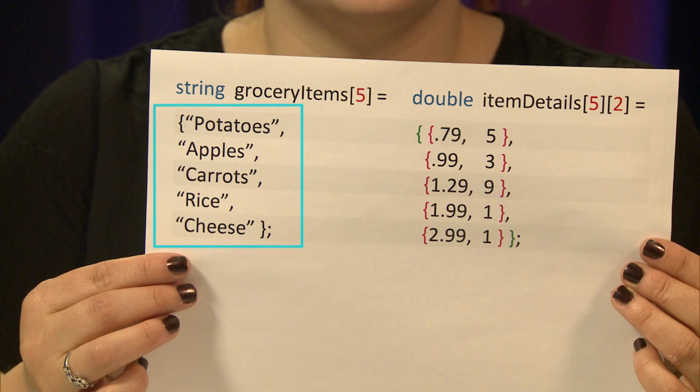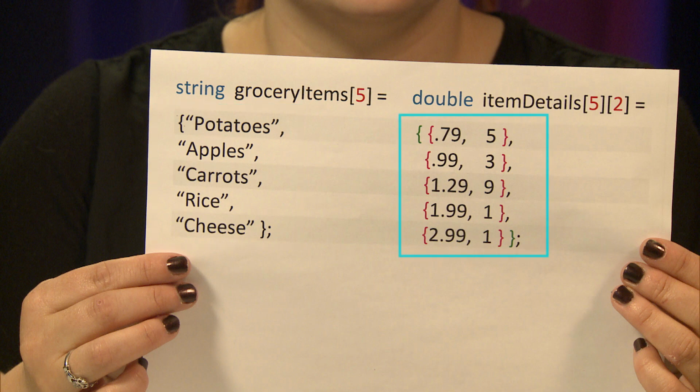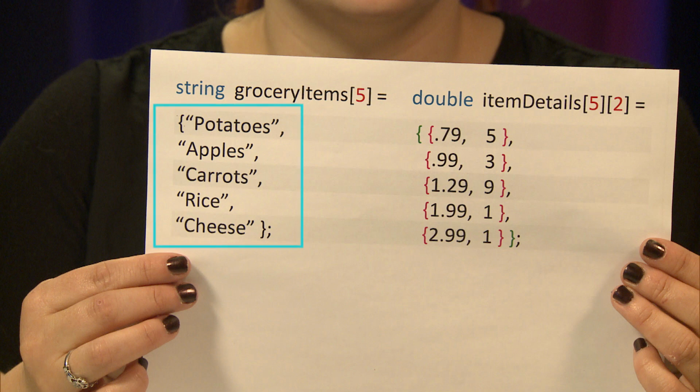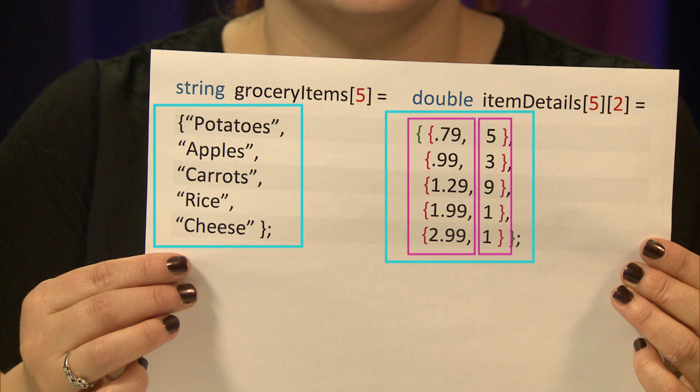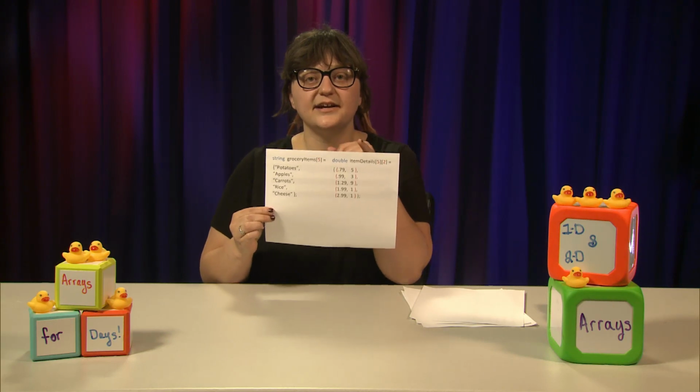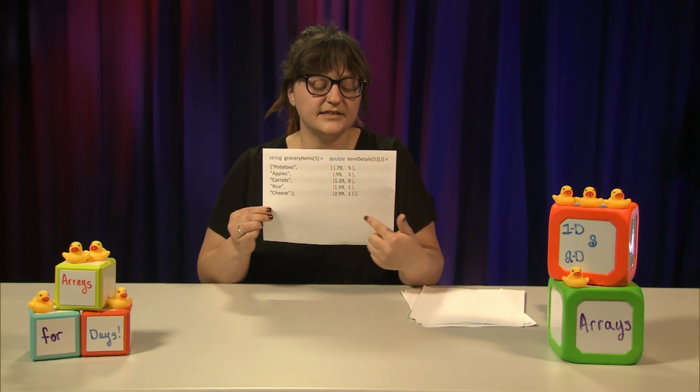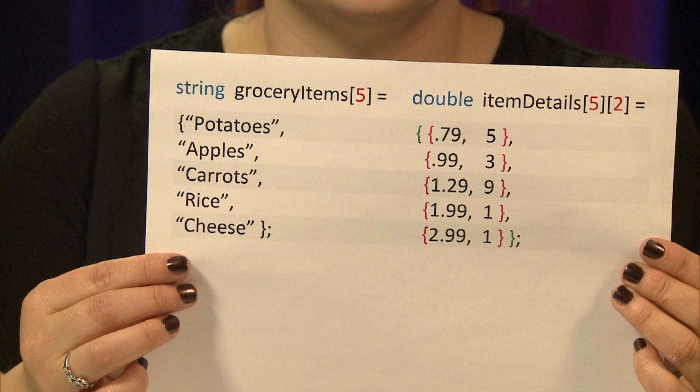So we still have our string array, but now it's running parallel to a two-dimensional array. And we know that it's two-dimensional because I have my single array here, and then here I've got my item details, which has 2 columns as part of a single data set. Because this array is 2D, we've kind of got this double bracket thing going on. We have the green brackets, which encompass the entire data set, and then we have these pink brackets that are for each row of the data.